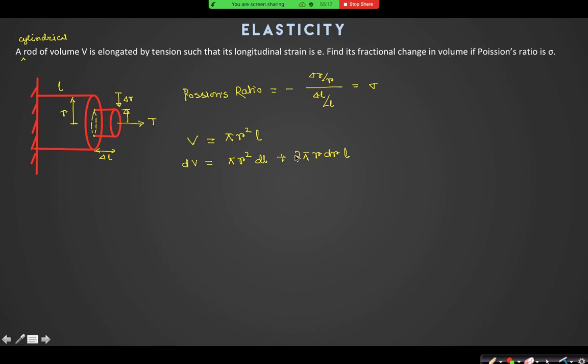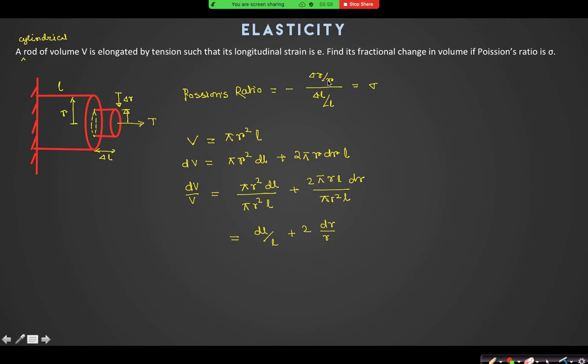I have not said it is zero. dV is equal to pi r square dl plus 2 pi r into dr into L. I only differentiated V. So what is fractional change in volume? dV by V, that is equal to pi r square dl divided by pi r square L and plus 2 pi r L dr divided by pi r square L. So it is dl by L plus 2 dr by r.